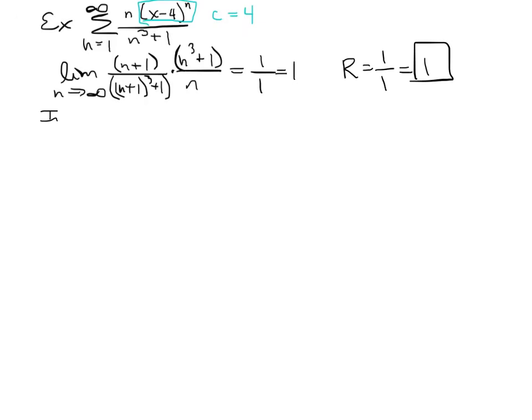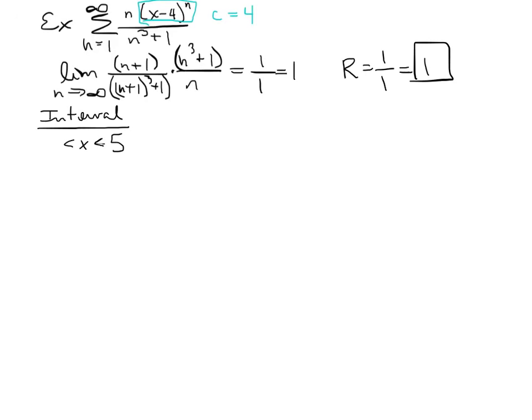So the interval would then be, whoops, I don't need an equal sign yet. I don't know about that yet. Okay, so the right endpoint is the center plus the radius, which is 5.